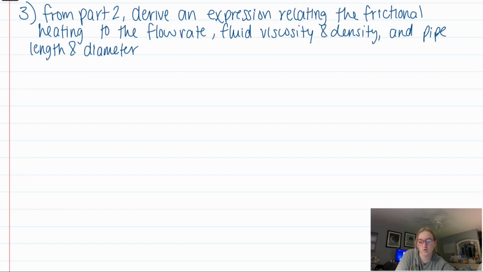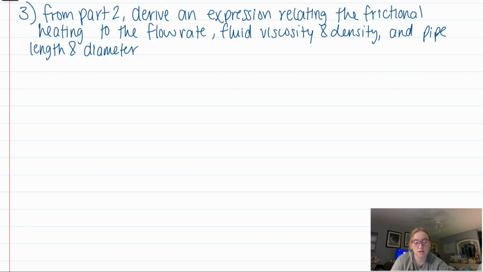And that would give an expression for flow rate in terms of pressure drop, fluid viscosity, pipe length, and diameter. For question 3, homework 4 part A, we're asked to derive an expression relating the frictional heating to the flow rate, fluid viscosity, density, pipe length, and diameter, using the equations from part 2.